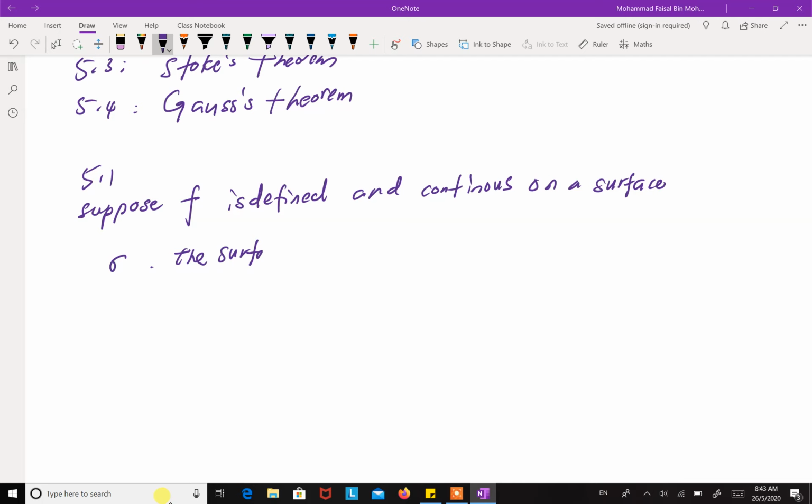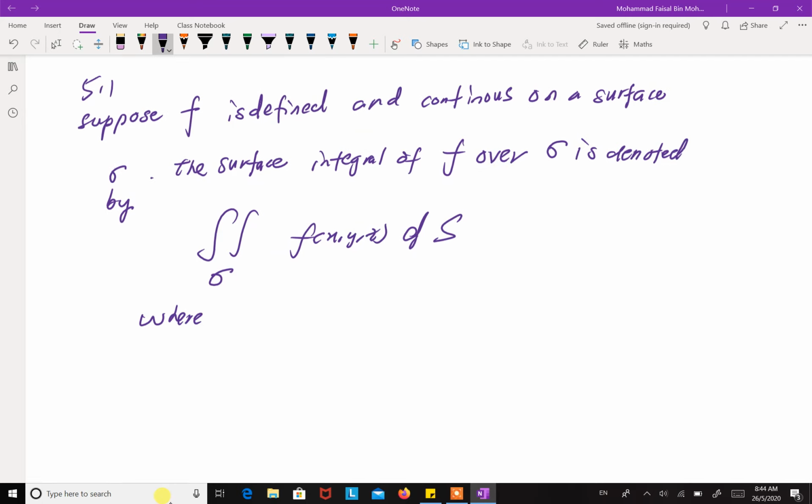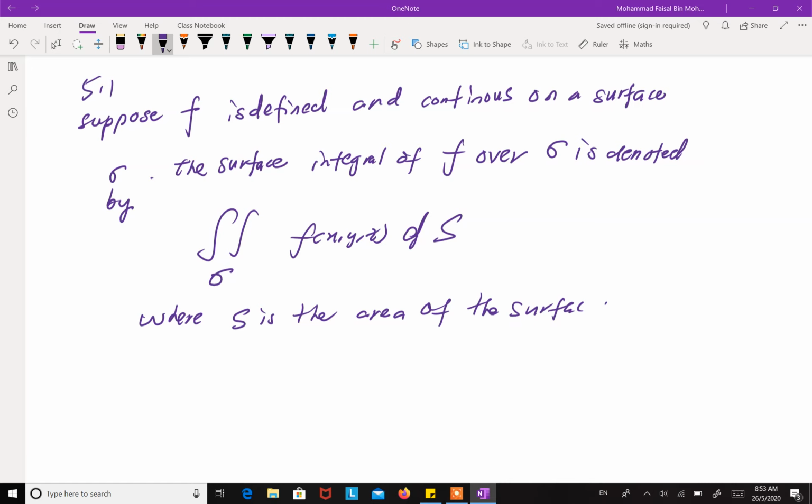The surface integral of f over sigma is denoted by the double integral under sigma of f(x, y, z) dS, where S is the area of the surface.